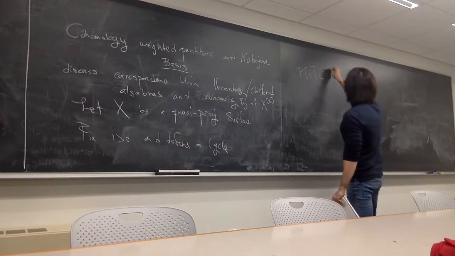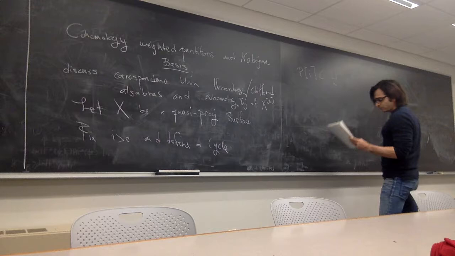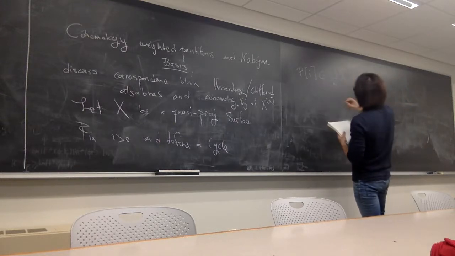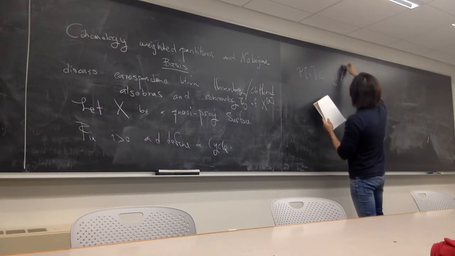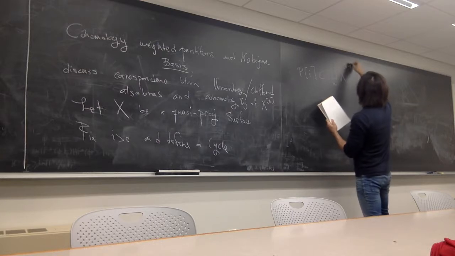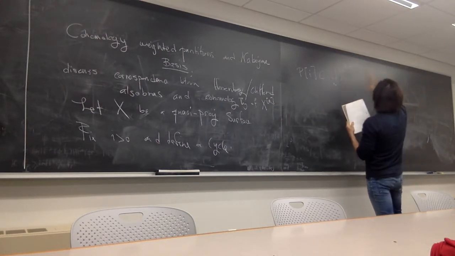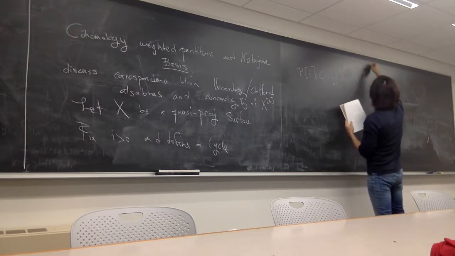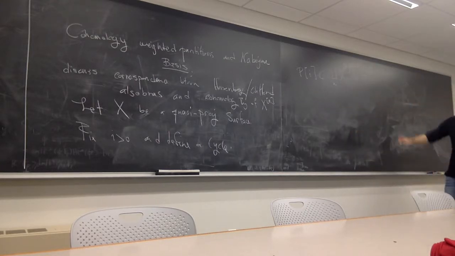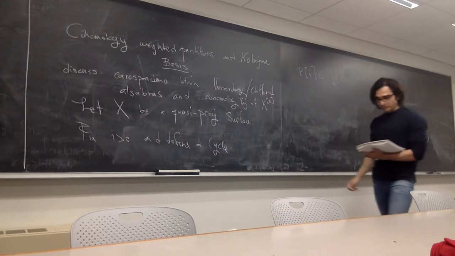It's a cycle in the direct product of Hilbert schemes of n minus i points on that variety times n. It's defined the following way.